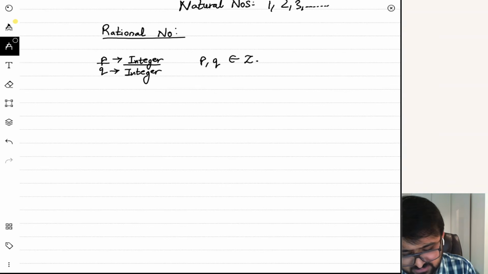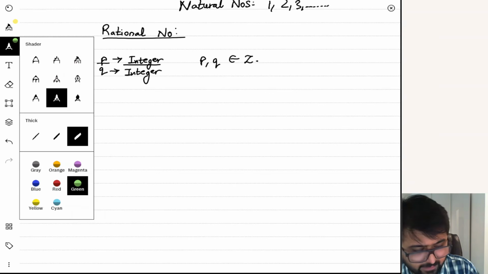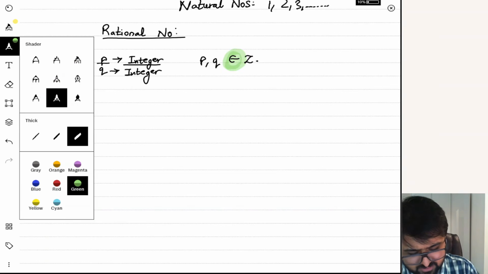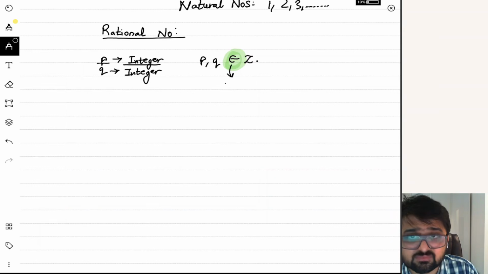This symbol is called belongs to. Let me highlight that. So P as well as Q belongs to Z, which is integer.